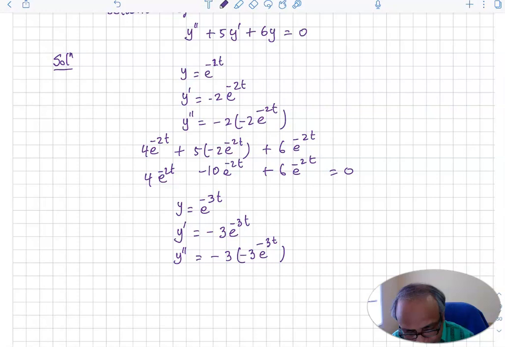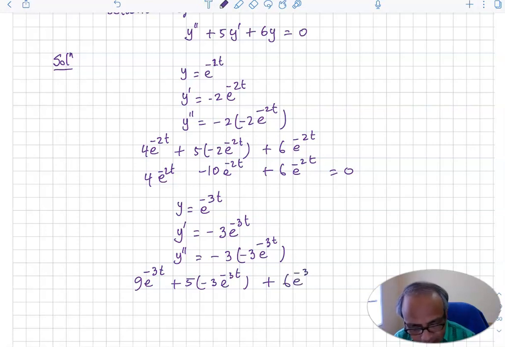y double prime is just 9 e to the power minus 3t, plus 5 times negative 3 e to the power negative 3t, plus 6 e to the power negative 3t.